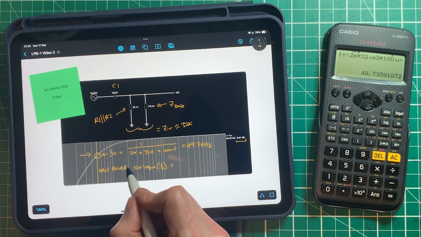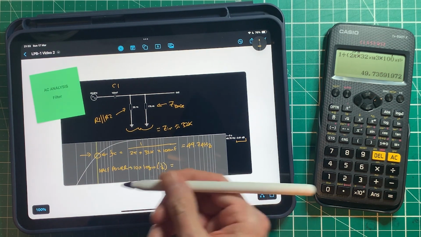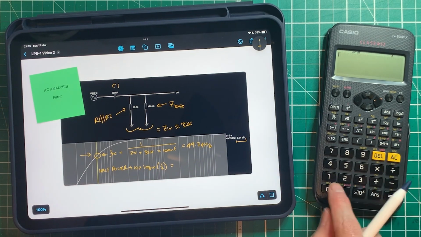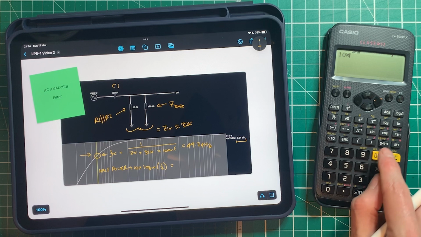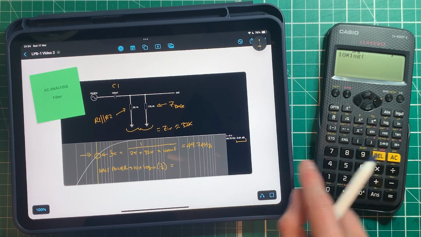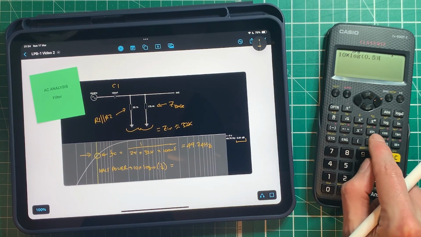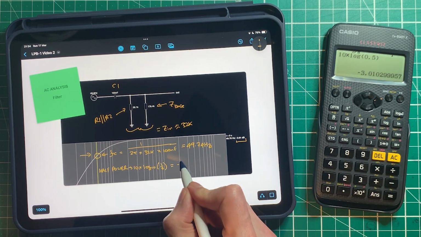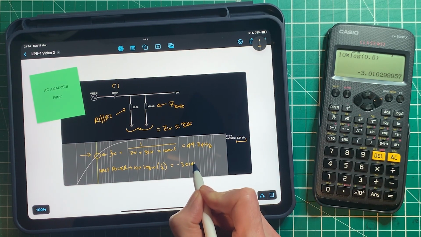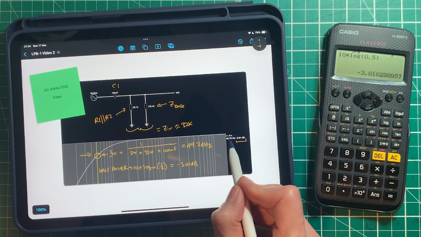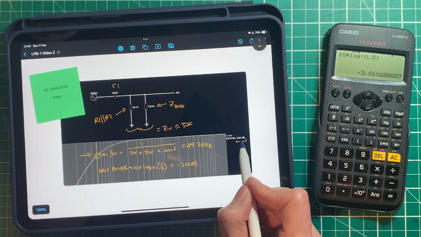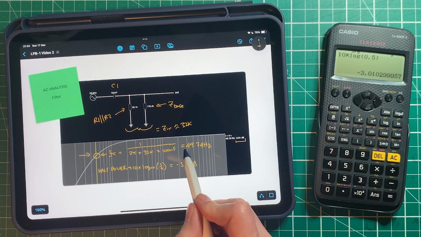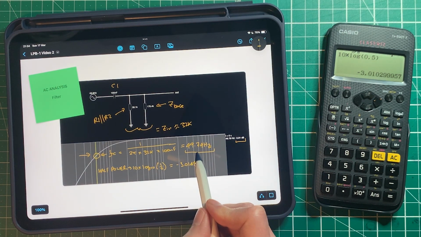And if we do that, you might have to put this into your calculator that way round, but I've got a calculator that I can put it in this way round. So it's 10 times log in base 10 of half, 0.5 is the same thing as half, minus 3.01. So that's why these are taken at minus 3.01 decibels, because half the power. So that gives us a corner frequency of 49.74 hertz.